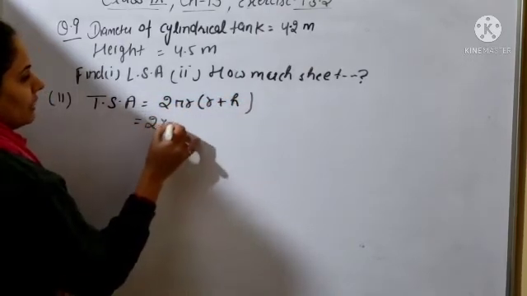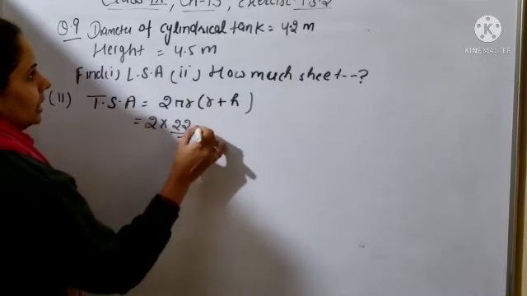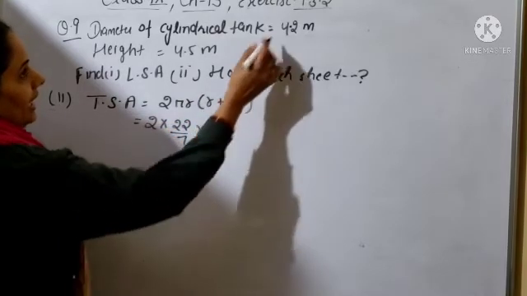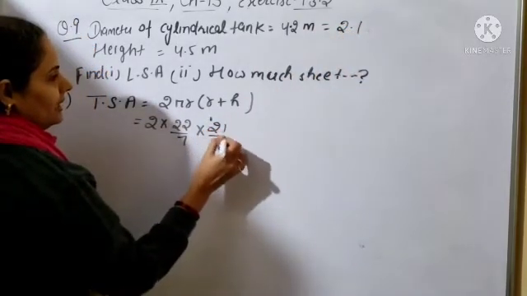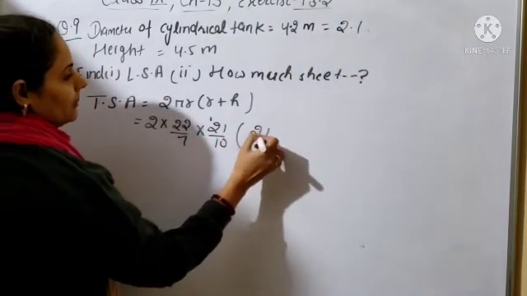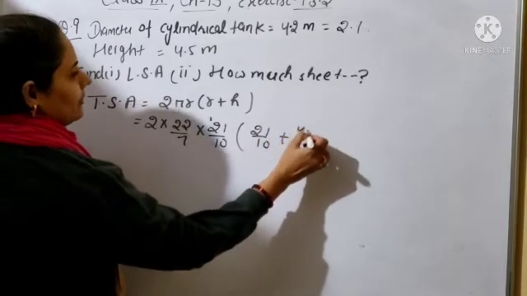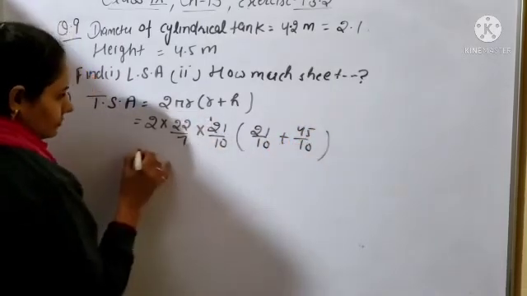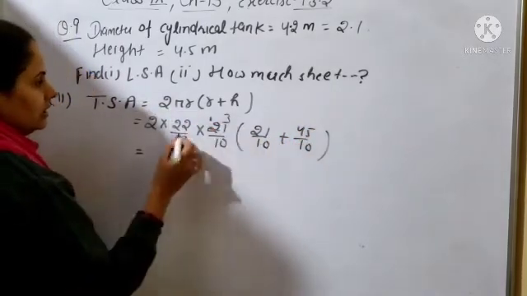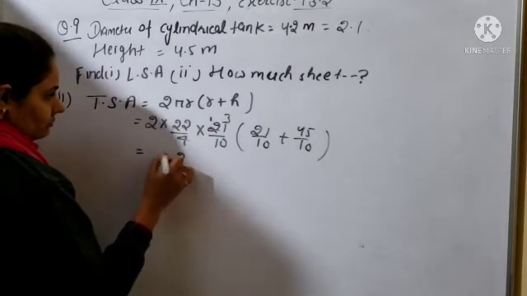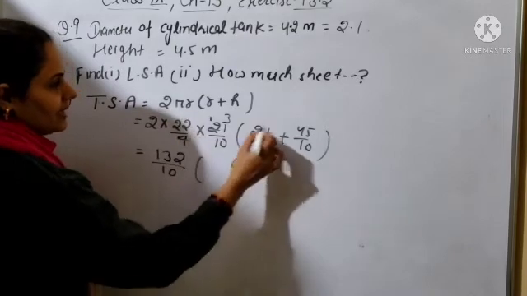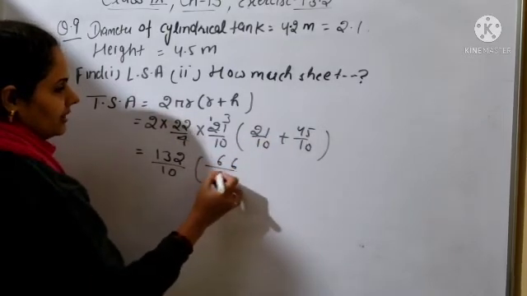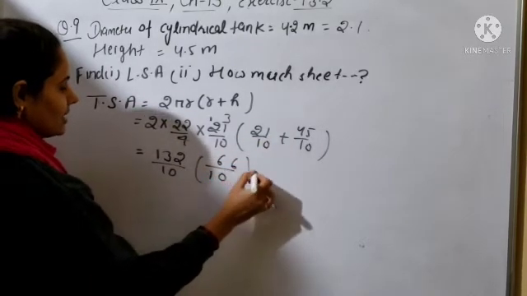So 2 into 22 by 7 into r, which is 4.2 by 2, it will be 2.1. So 21 by 10, plus h is 45 by 10. So 132 by 10, and this one will be 5 plus 1 is 6, 4 plus 2 is 6, so 66 by 10.